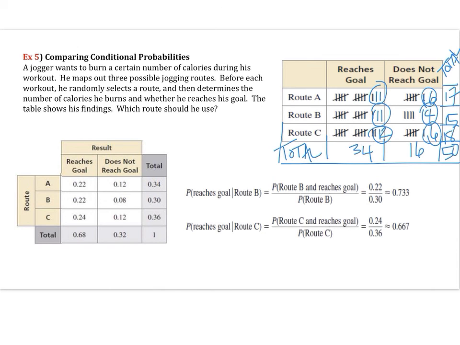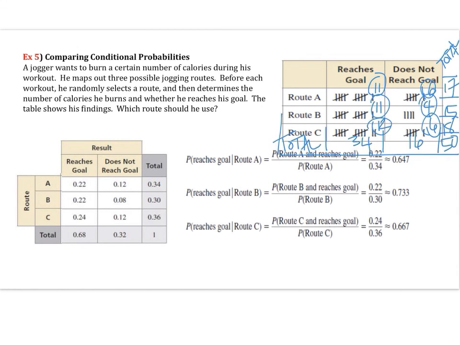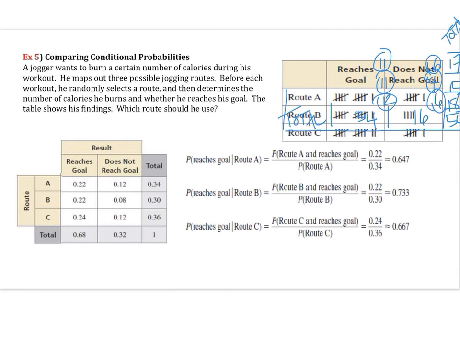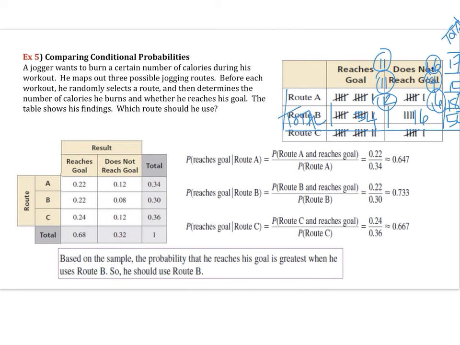Then for route C, we have route C and reaches the goal, decimal 2.4 divided by decimal 3.6. For route C, decimal 667. And I forgot about, I'm going to shift my totals up a little bit so we can see route A. Route A and reaches the goal is decimal 2.2 divided by decimal 3.4. So based on the sample, the probability he reaches his goal is greatest when he uses route B. So he should use route B.